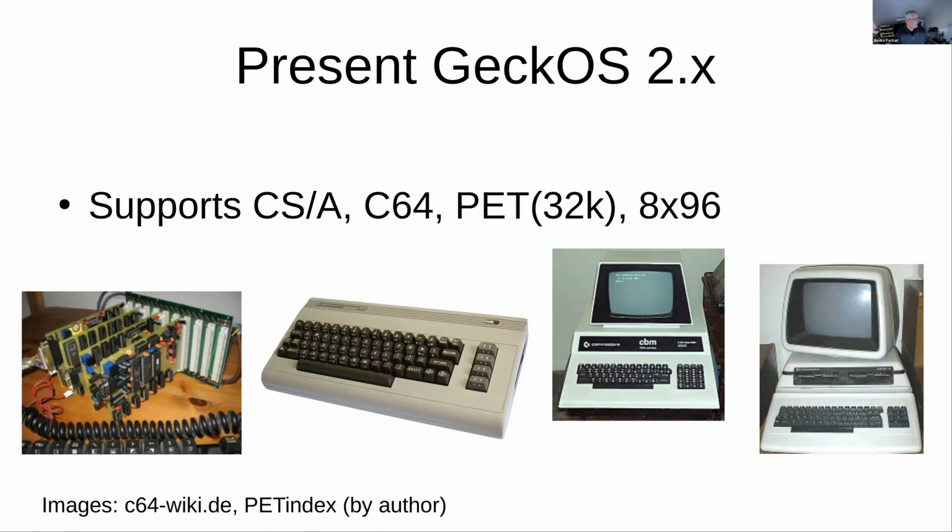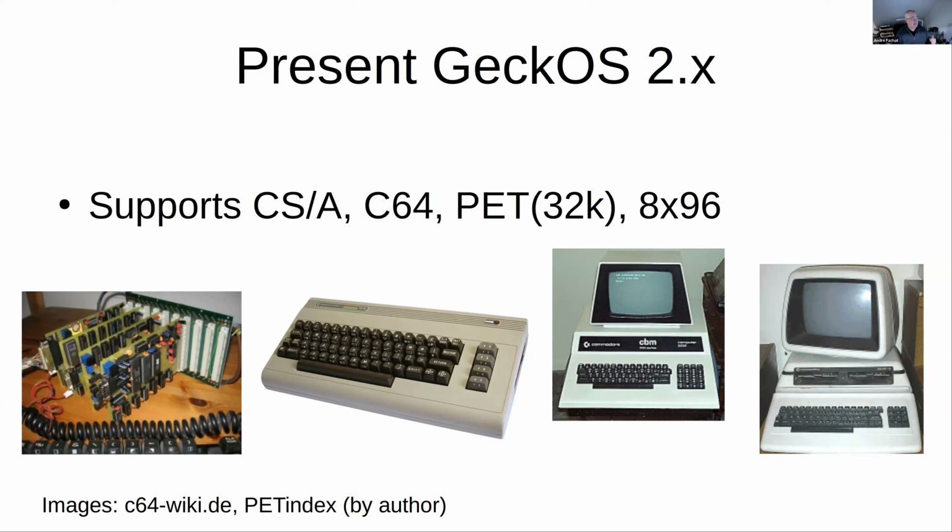It currently supports, of course, my PET clone, which, the latest edition, if you can see in the camera, is still here. The Commodore 64, even the 32K PET, but this is so memory constrained that you can only run, say, a tech demo.